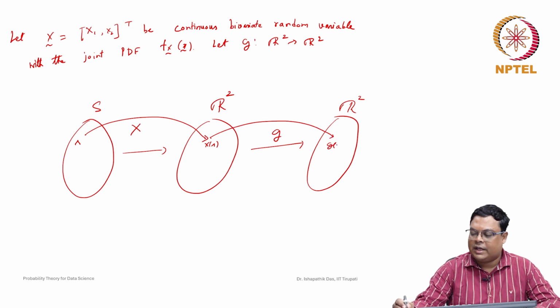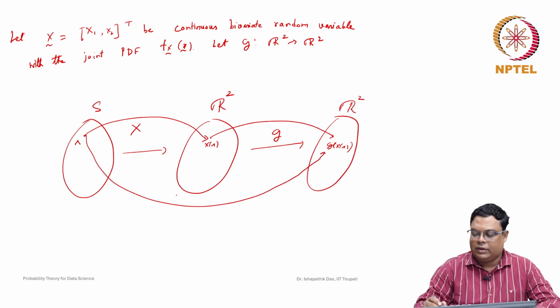So g of X of s, this composite function, we call Y of s, this transformation Y. This will be a vector, because it is a bivariate random variable. This is nothing but g of X.